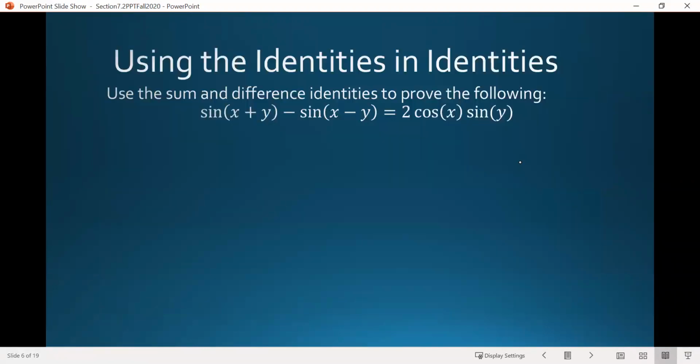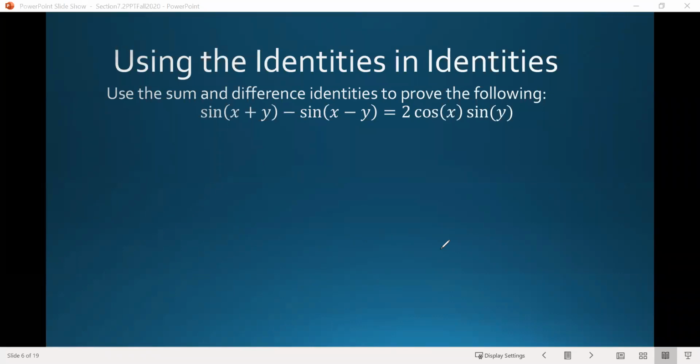All right, so let's look at an example of using these identities to prove another set of identities. So we haven't done this for a while, but here we're given sine of x plus y minus sine of x minus y. We have to prove that that's equal to 2 times cosine of x times sine of y.